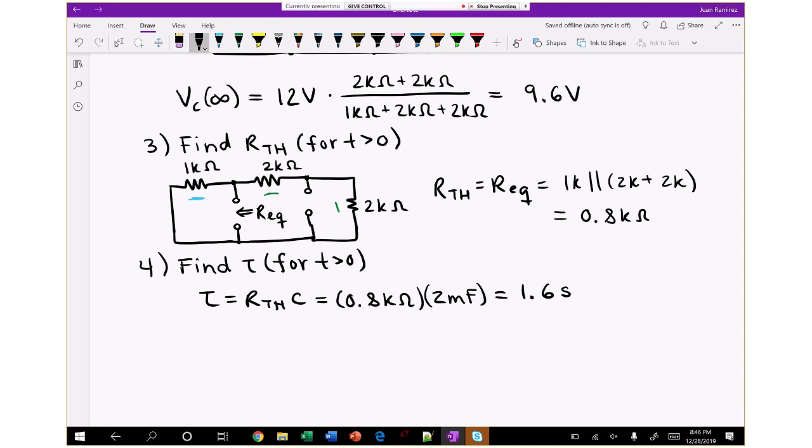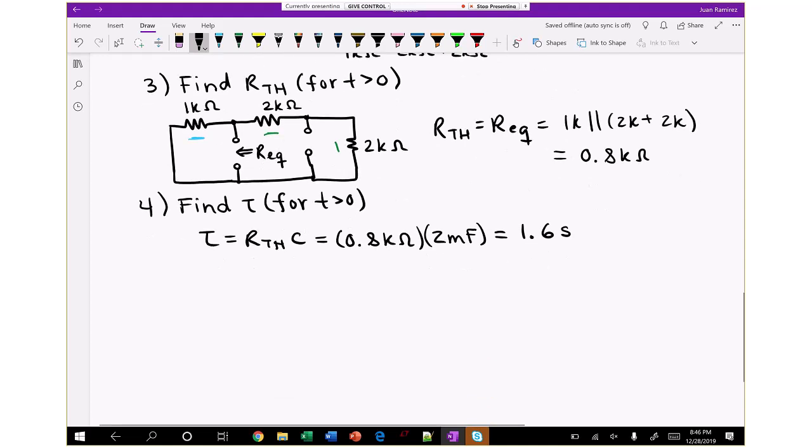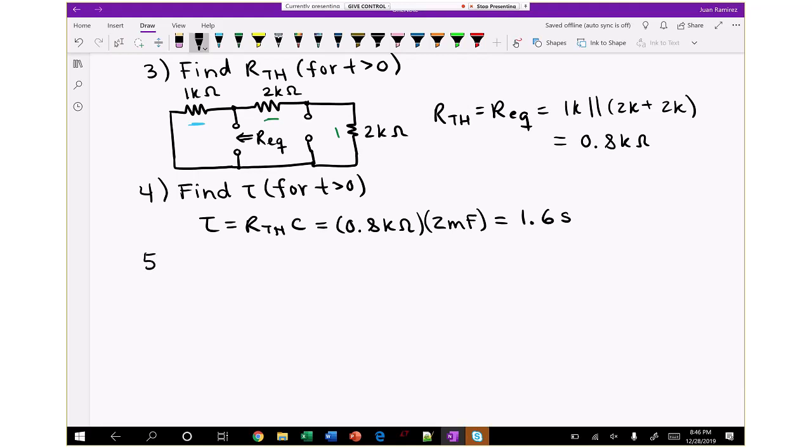And finally, steps 5 and 6 are pretty straightforward because you're really just plugging into, well, at least for 5, you're plugging into the general equation. So Vc of t is equal to the final voltage, 9.6, plus, in parentheses, the initial voltage minus the final voltage.